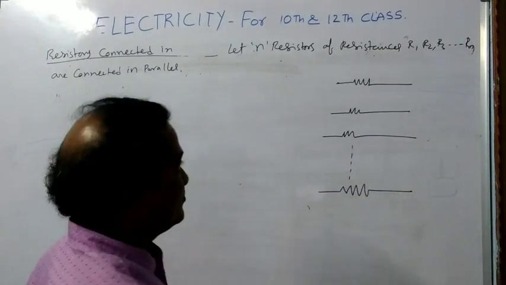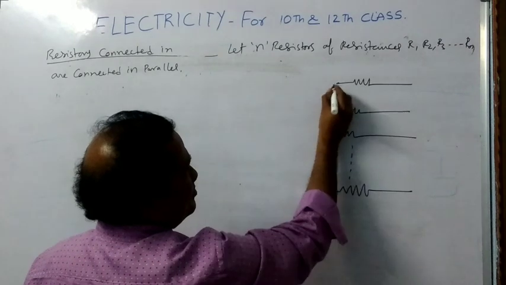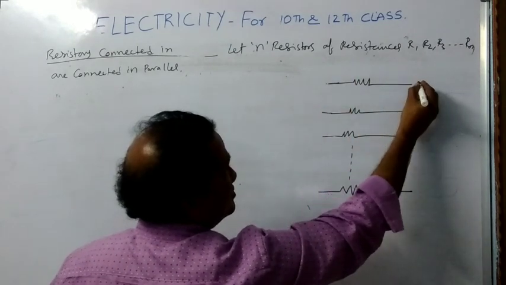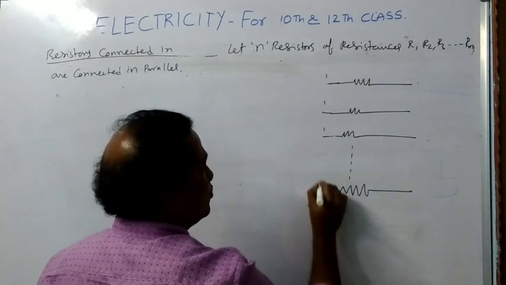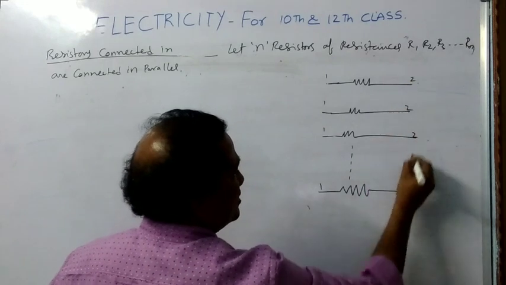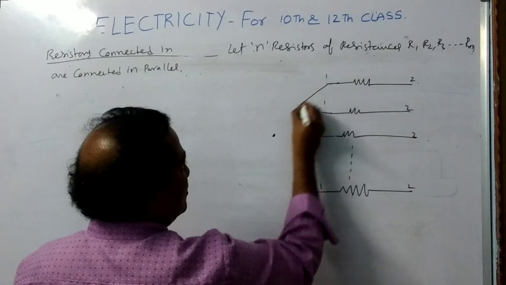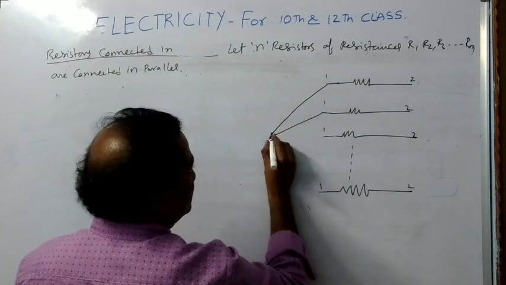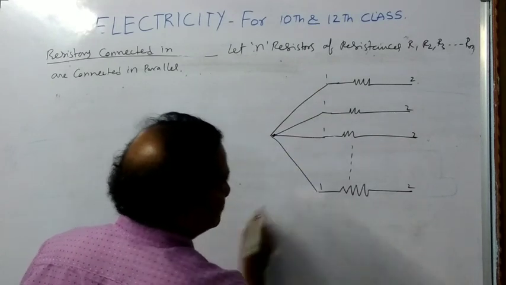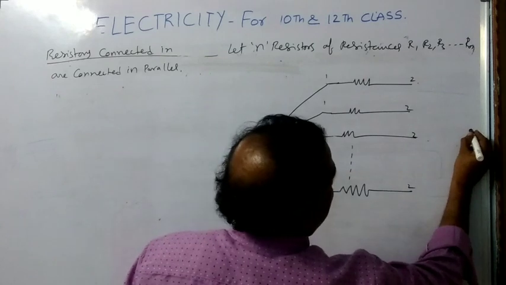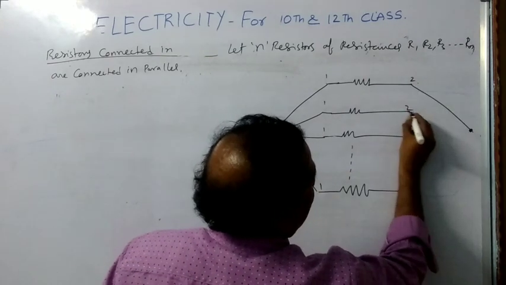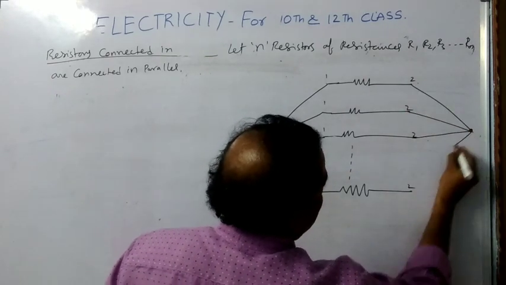Okay. This is the first terminal, this is the second terminal. All the first terminals are connected to one end, and all the second terminals are connected to the other end.